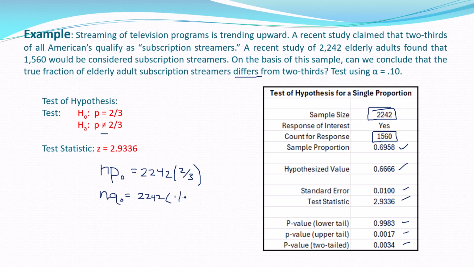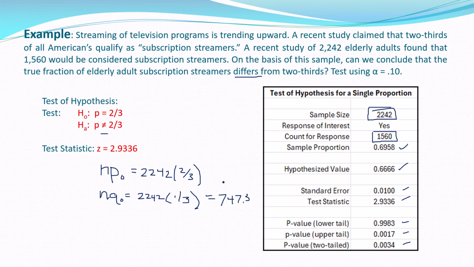And so we need a calculator to do a little bit of math. I don't have a calculator handy, but I do have my cell phone, and that'll do the trick. Let me get to my calculator here. I should probably have this queued up. Sorry about that. But I'm going to take 2242 and multiply it by 1/3, and I'm going to get 747.3.